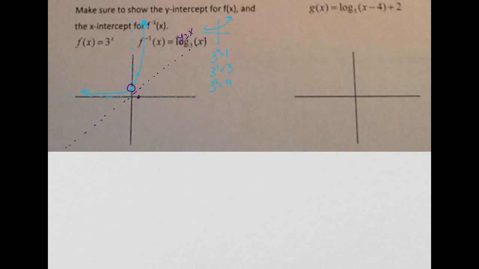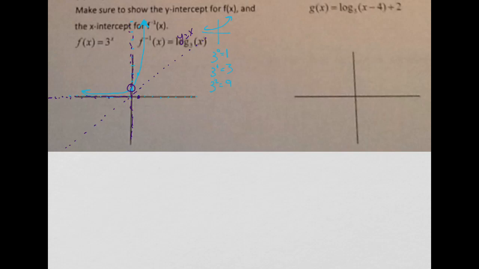Other key thing to note here is that asymptote we were talking about. It was a horizontal asymptote in our exponential function. So since x and y are being swapped, it will become a vertical asymptote in our log function, meaning it's going to run right down the middle right there on the y-axis.